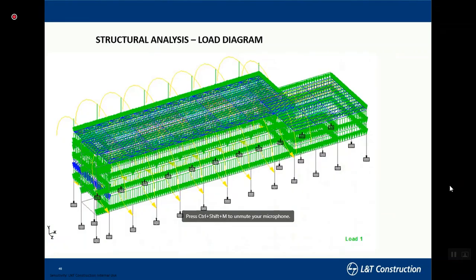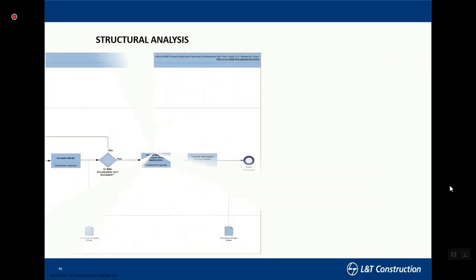Here we apply various loads which are applicable. It could be dead loads, point loads, UVL, UDL, whatever. And you generate your bending moment diagrams, displacement diagrams, whatever, and come up with the analysis and decide the final structural model.